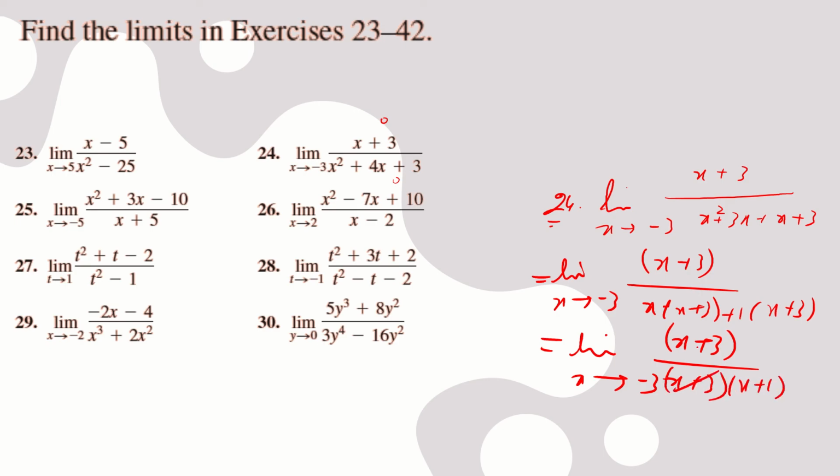So we cancel these together. This function has the same limiting behavior as the function 1 over x plus 1, and that limiting behavior is minus 1 over 2.